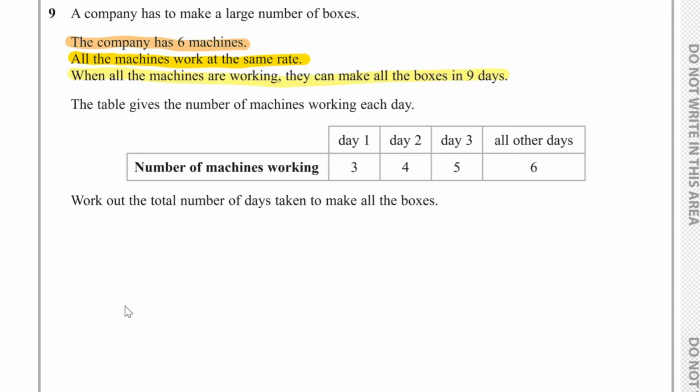So, in other words, 6 machines require 9 machining days to make all boxes.